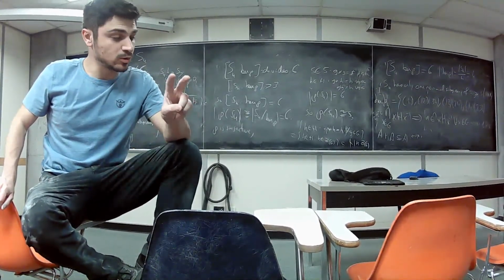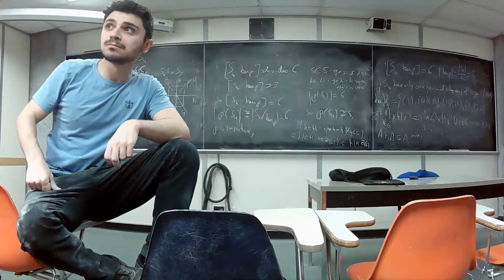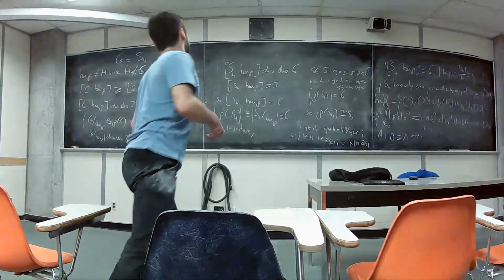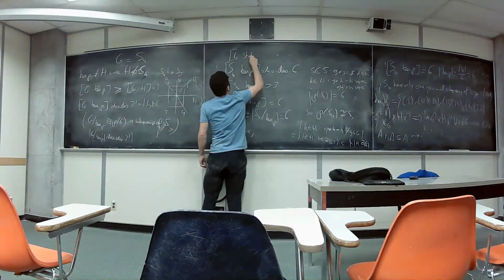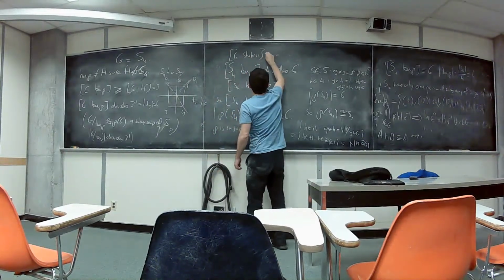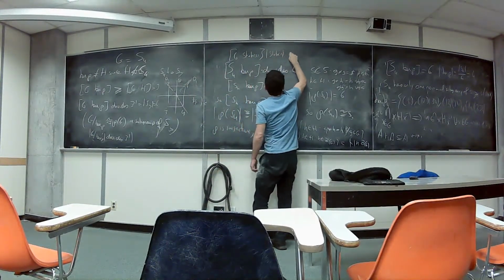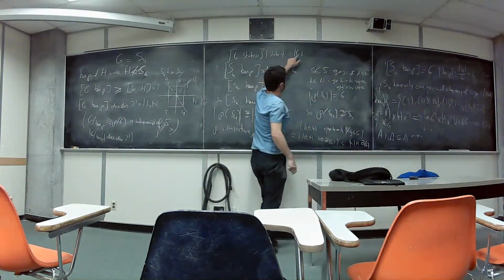So the index of the stabilizer, which is the size of the orbit, will divide p. If G is finite, the size of G equals the size of the stabilizer times the size of the orbit, so this one will divide this one.